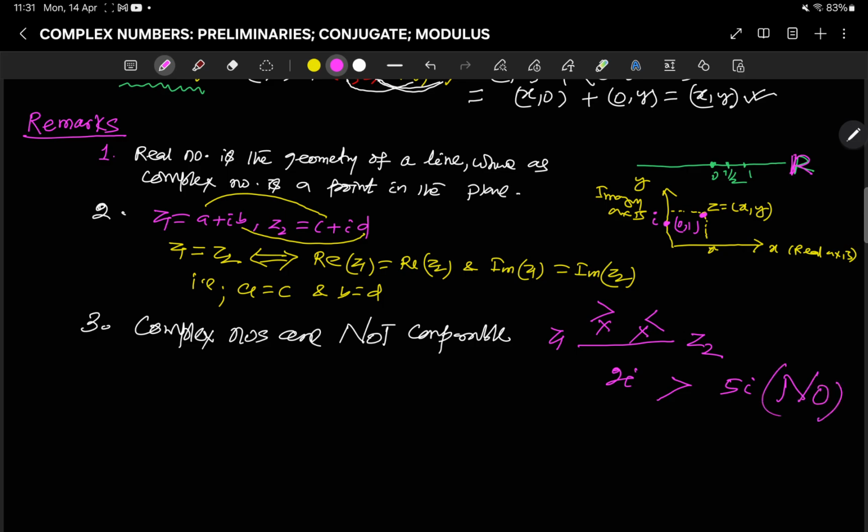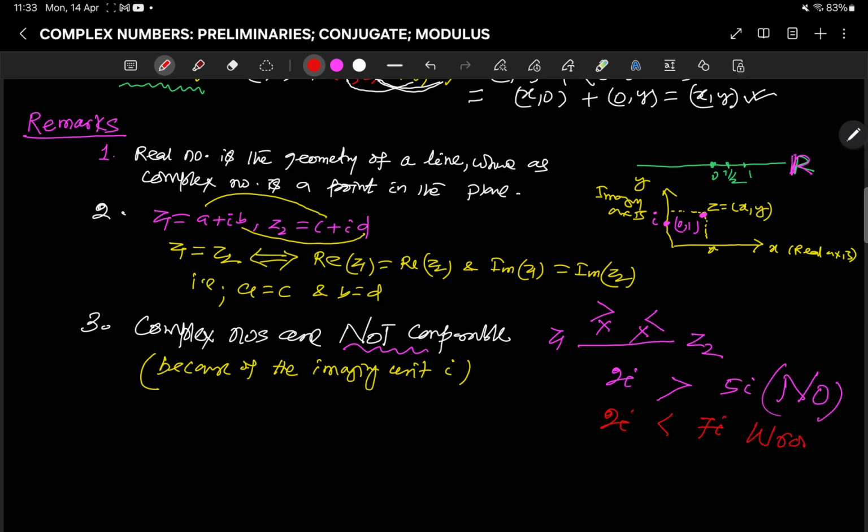The answer is no, because it cannot be compared. Complex numbers are not comparable because of the imaginary unit i, right? Similarly, if I say 2i is smaller than 7i, it is also wrong, right? Because these are not comparable.